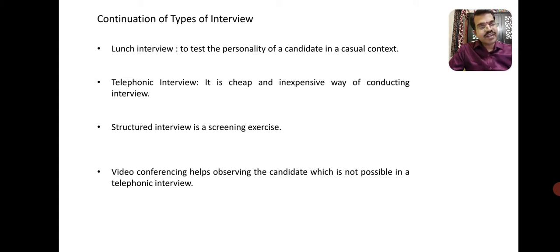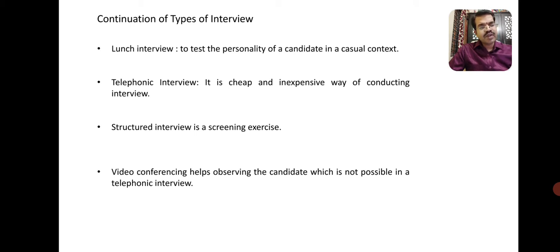So the structured interview goes in a very systematic, step by step way, and there are definitely very clear answers which are sought. There cannot be a third answer.